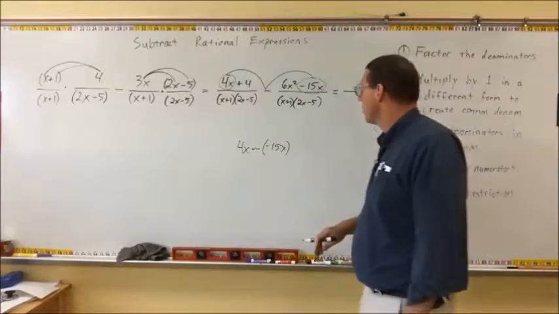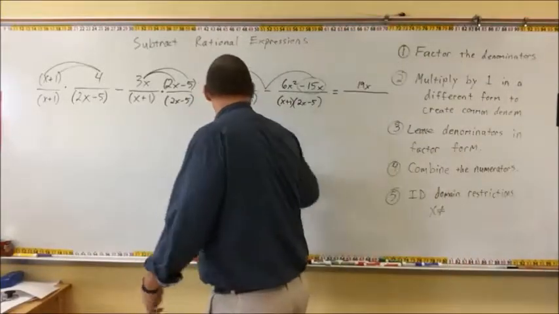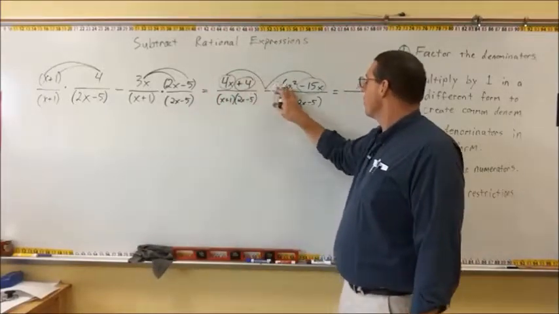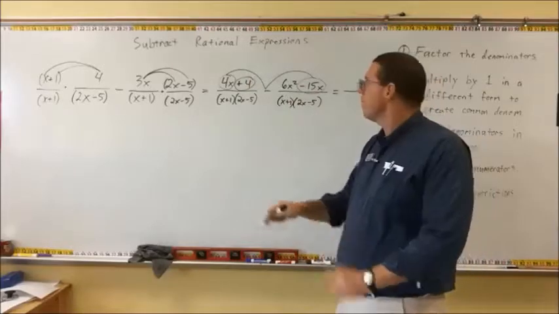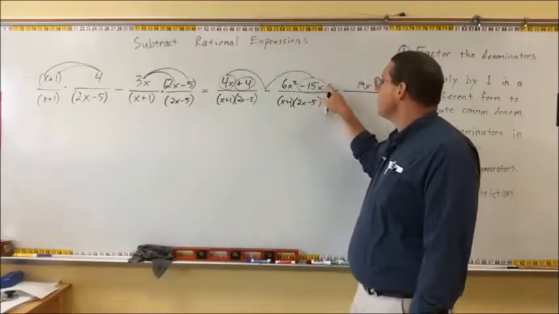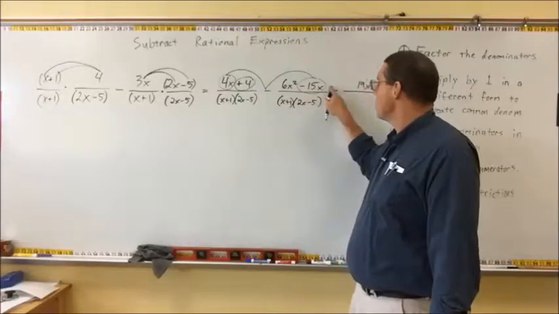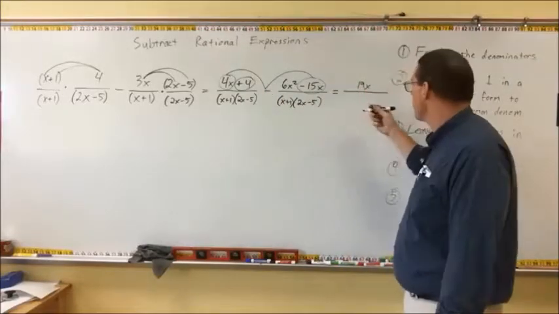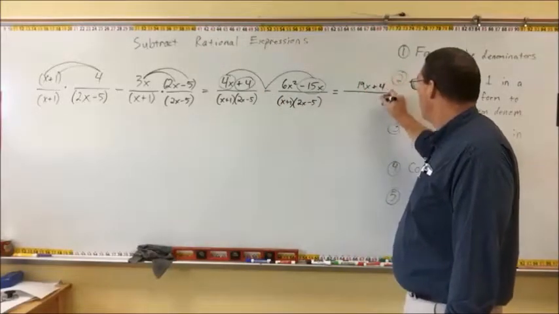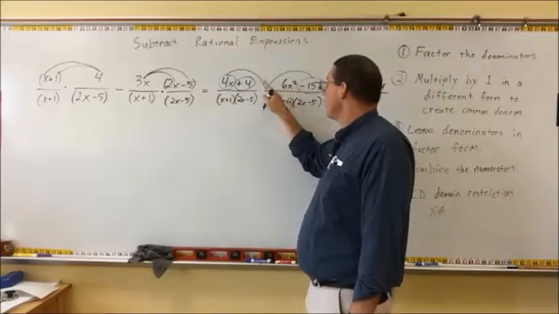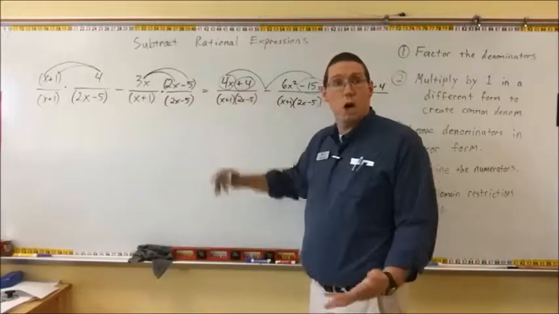All right, so I've got that. Then here's a positive 4. Are there any other constants? Nope. So basically there's a 0 over here, so 4 minus 0 is 4. So that's plus 4. Lastly, here's a 6x squared. Are there any x squares over here? Nope.